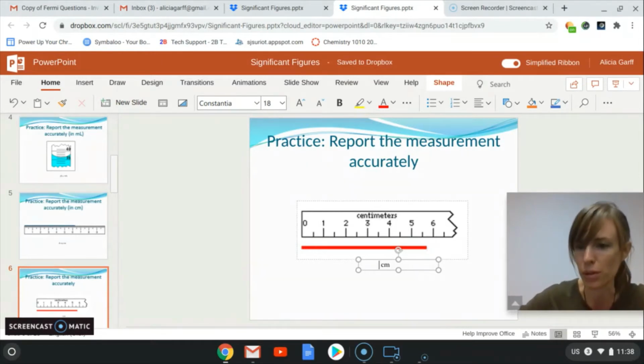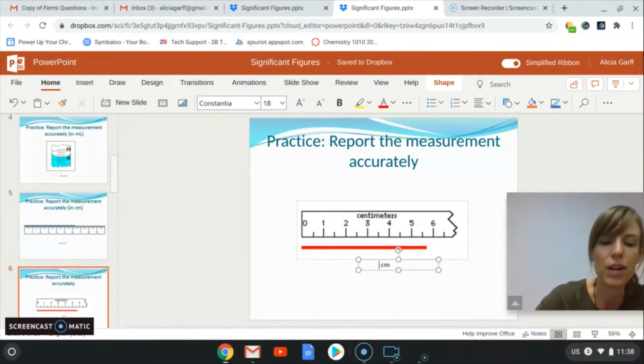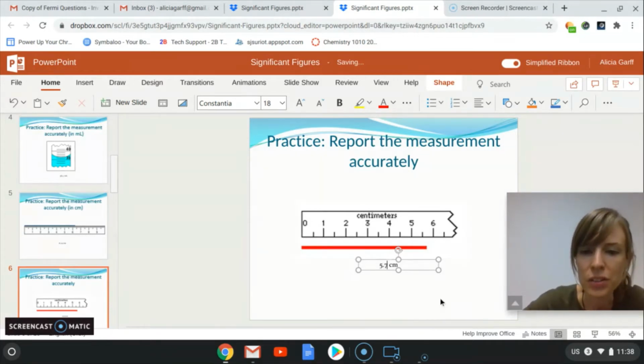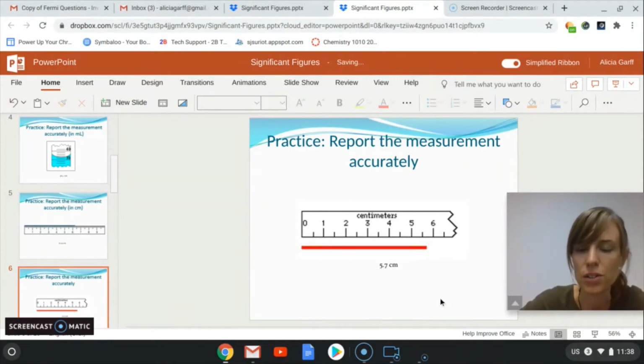So if I had 5.1, 5.2, 5.3, then I could be certain of that decimal point. But since I don't, I just have to guess. So it could be 5.6, it could be 5.7. I'm going to guess that it's 5.7. And that 7 is a guess. It's uncertain. So that's all of the digits that I get. I don't get another one. This one's just a little bit confusing because of that extra tick mark in the middle. It's helpful, but it doesn't give me an extra digit.